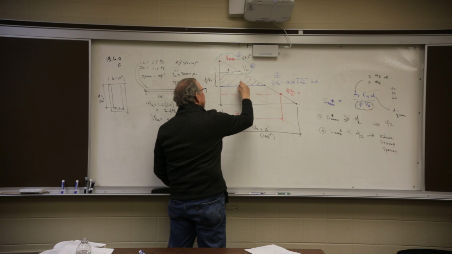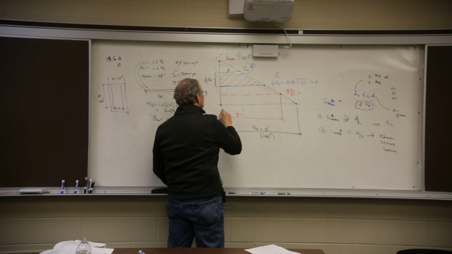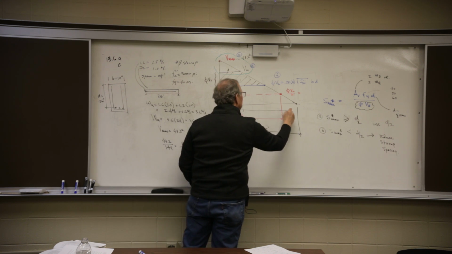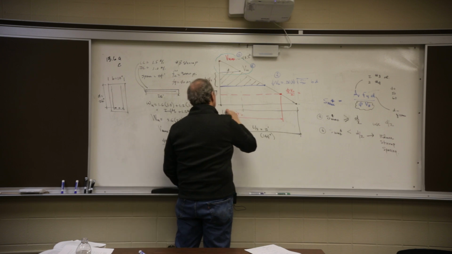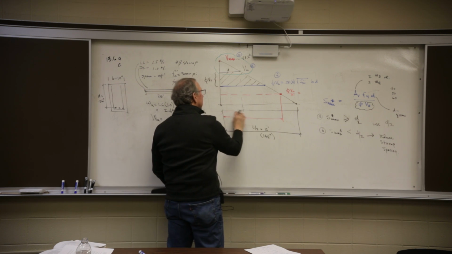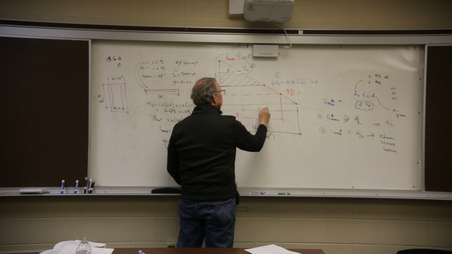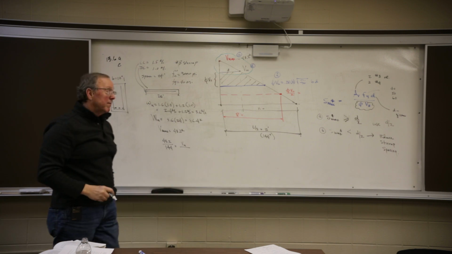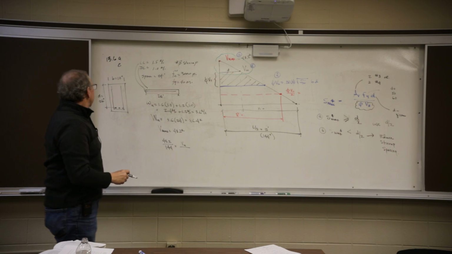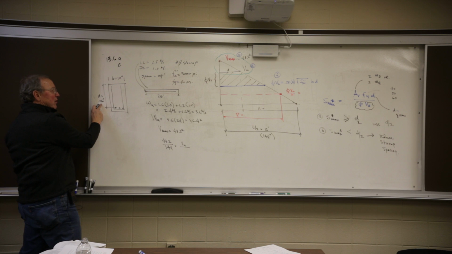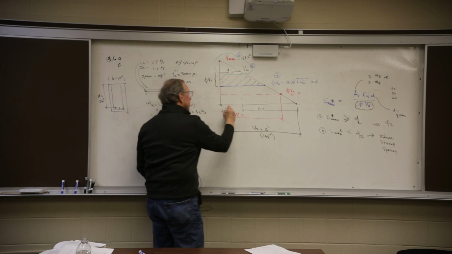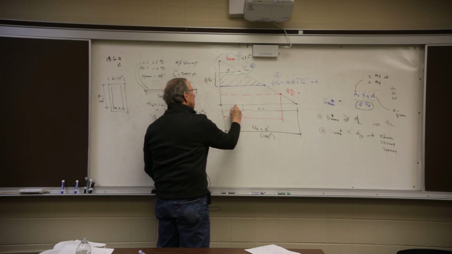So if I drop this guy down, put a line here, I need that dimension right there. I need X. If D is 26, that puts this dimension as 26.